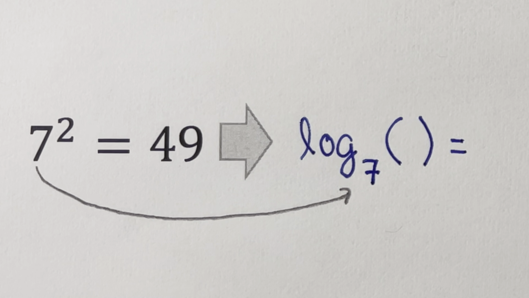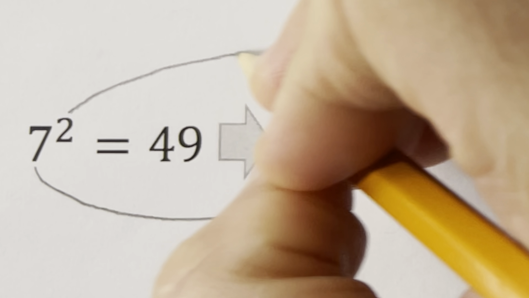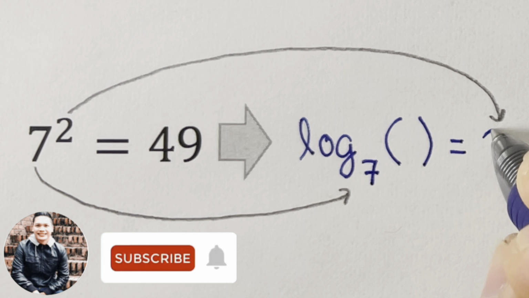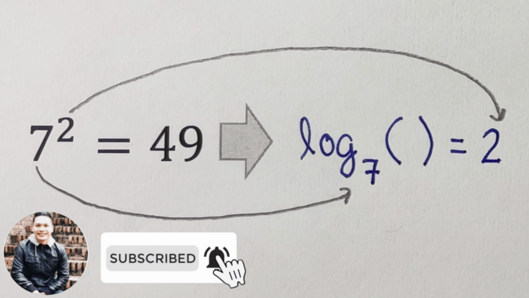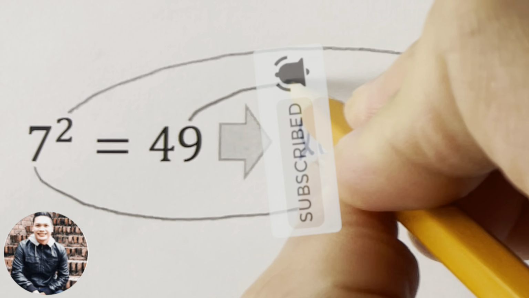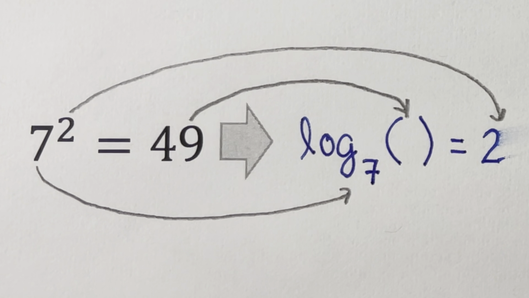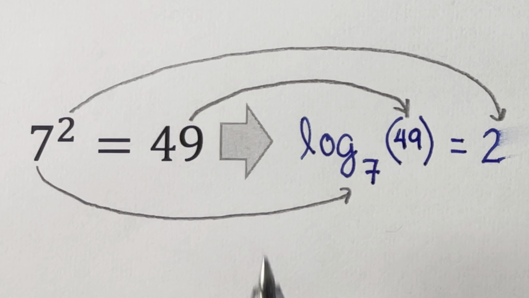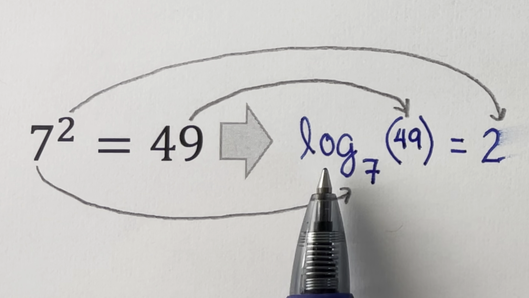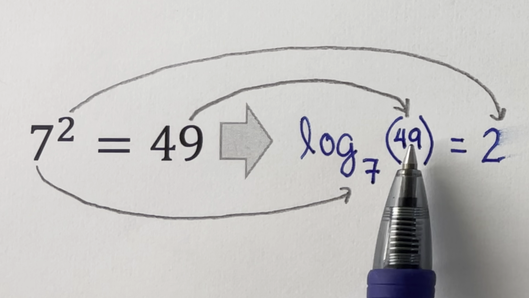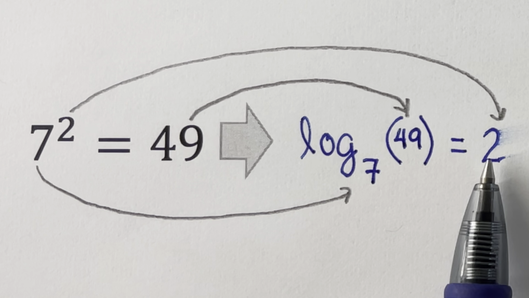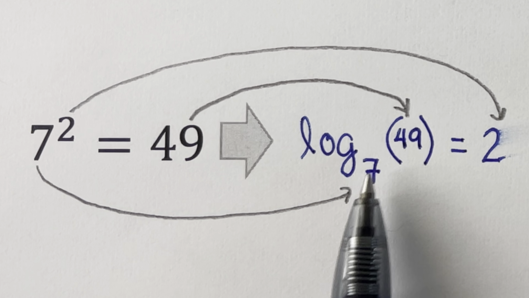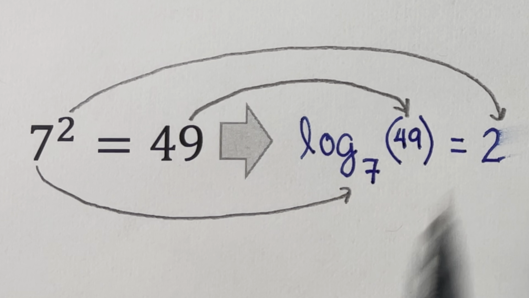And this exponent will go to the right side of the equation, so I put the 2 on this side right here. And this 49 will become the argument of this logarithmic expression, so I will write 49 here. This expression is read as log of 49 to the base 7 equals 2. Or the other way to read this is log base 7 of 49 equals 2.